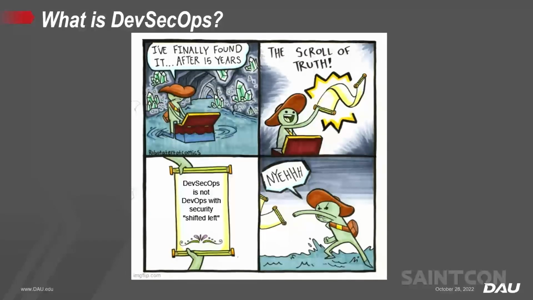Another fun meme people use is that DevSecOps is not DevOps with security shifted to the left. DevOps started in terms in the early 2000s, but really came out in the 70s, while DevSecOps is more recent, with the DevSecOps manifesto and everything else.